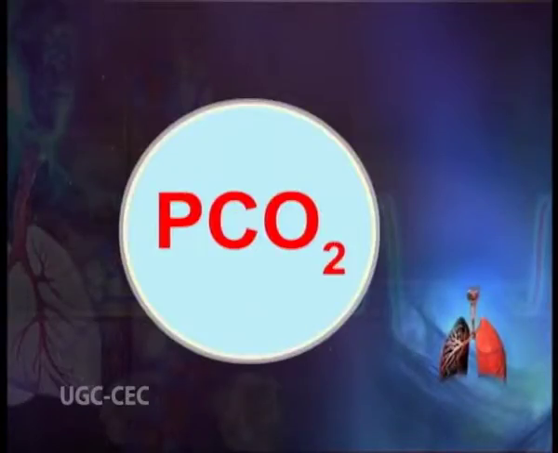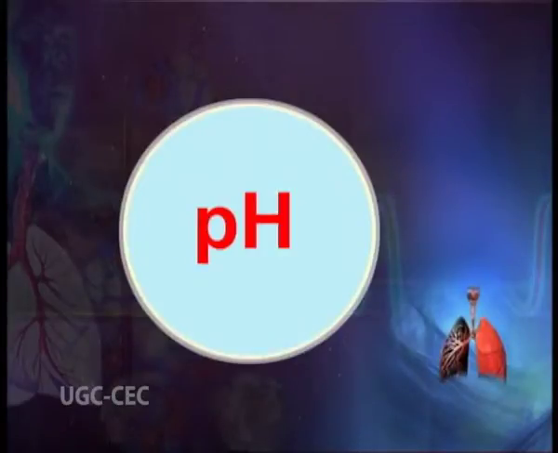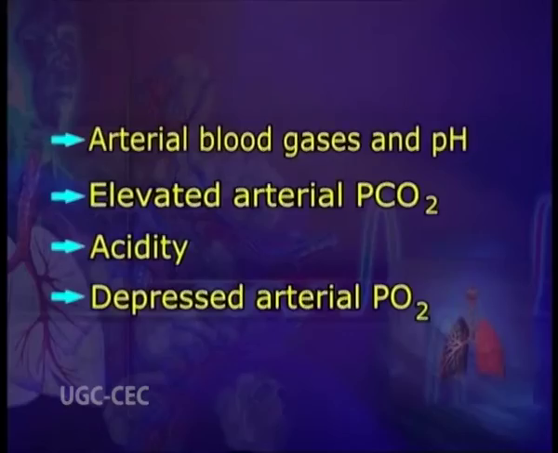Blood gases play a vital role in the regulation of ventilation as they are monitored by the respiratory chemoreceptors. Arterial PCO2 is most important, with pH playing a secondary role, allowing respiratory compensation for metabolic acid base disturbances.